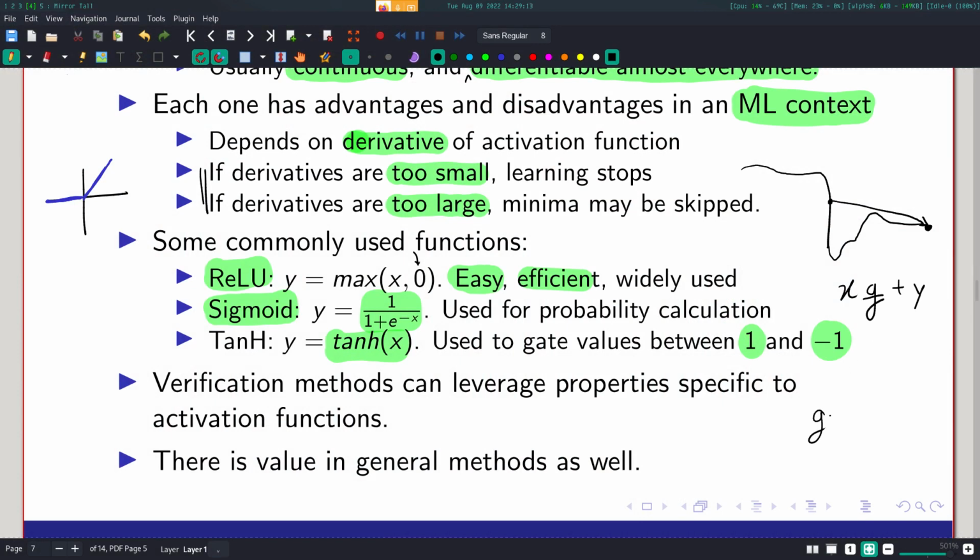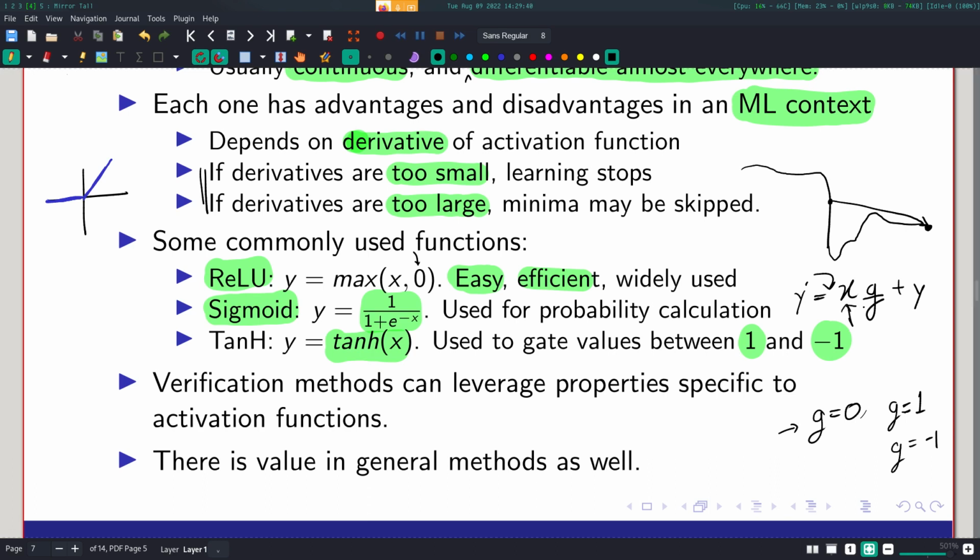So if g is set to 0, then the effect of x is just not there in this expression. So let's say y prime is equal to this. The effect of x is gone in that case. If g is instead set to 1, then x is getting added to this thing. But if g is set to -1, then whatever effect x was supposed to have in this expression is getting reversed, right?